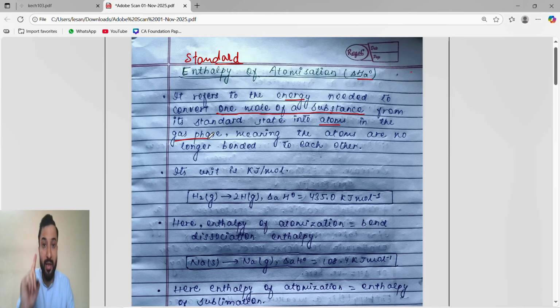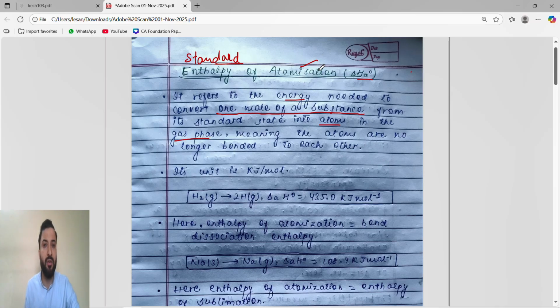This is a very important concept, enthalpy of atomization. In the examination, even in true false or in the NEET and JEE exams, they will ask assertion and reasoning questions based on this. Very important topic.